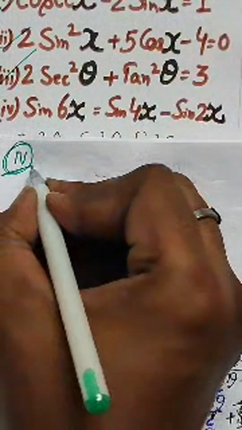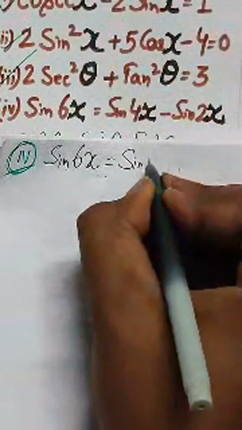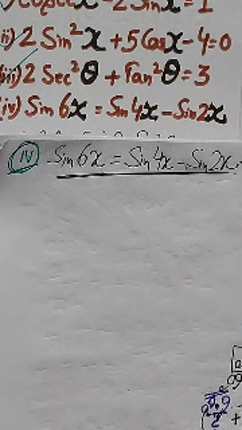So in the fourth question, the question is that sine of 6x is equal to sine of 4x minus sine of 2x. This is the question, right? So thank you, Spirit. Thanks for the compliments. So here we need to solve this.